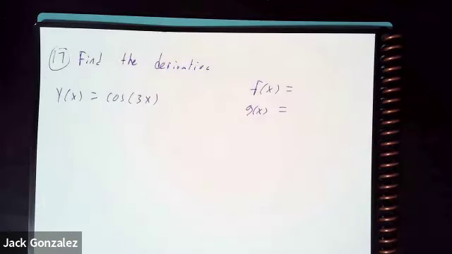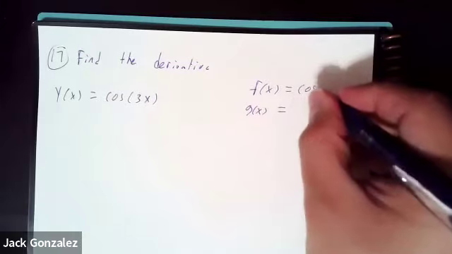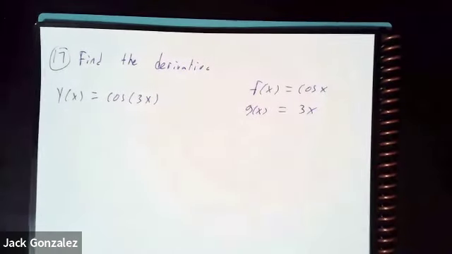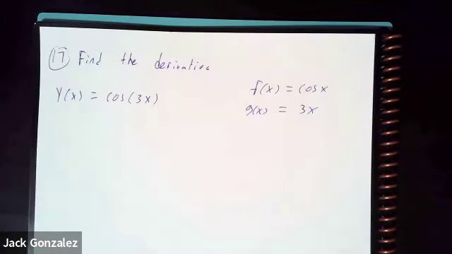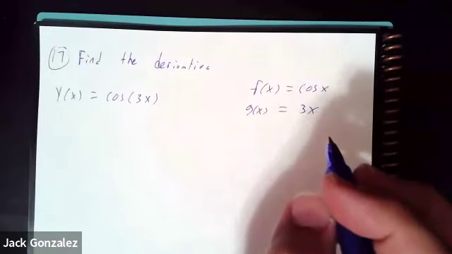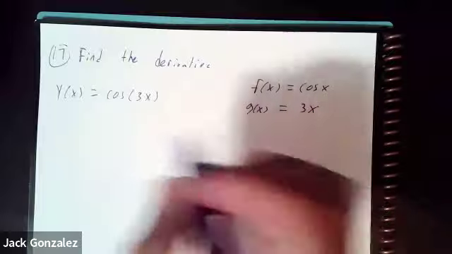Cosine, and 3x for the inner. So f of x is considered the outer, and then g of x is the inner.